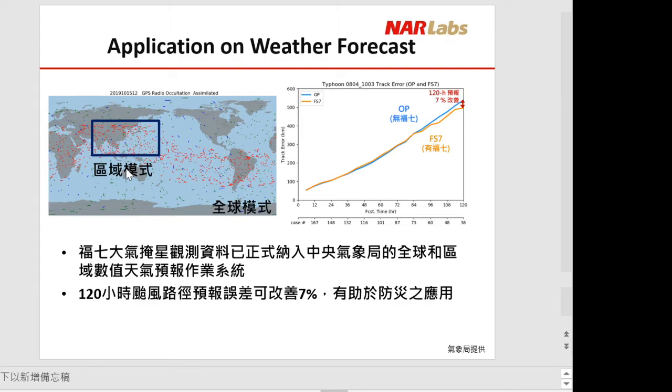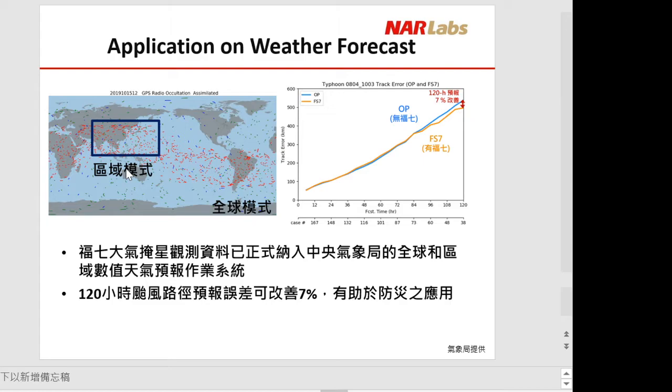When the engineering team was doing the orbital adjustment and the orbital maneuver, the science team was busy evaluating the Formosa 7 data, and this slide is made by the Central Weather Bureau.